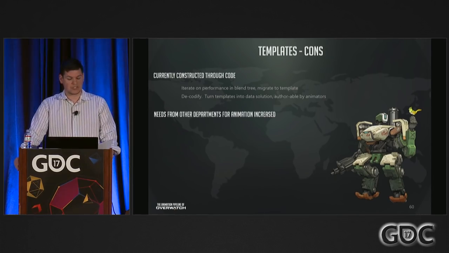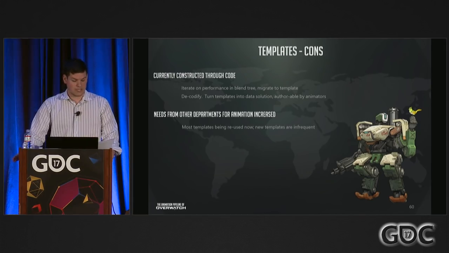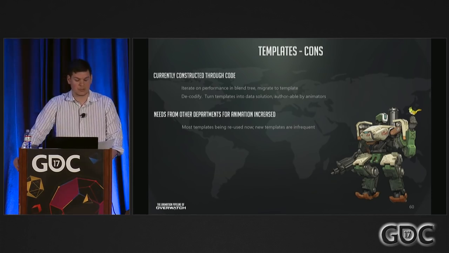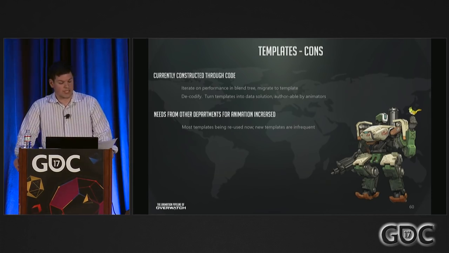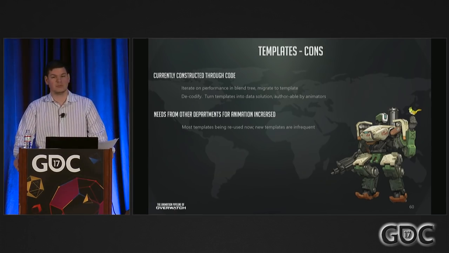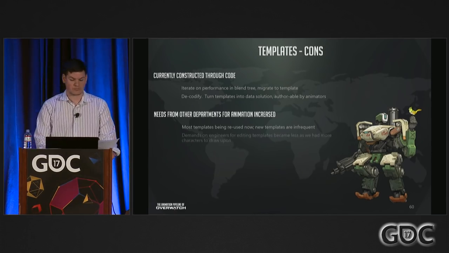During peak production, animation needs from design and engineering increased, including help needed with template changes, debugging scripted animations, and new feature setup. However, after having completed a lot of characters at this point, most of the templates are being reused now to use consistent scripts. We are making new templates less frequently, and most changes are tweaks to general templates and exposing variables for the animators to use.